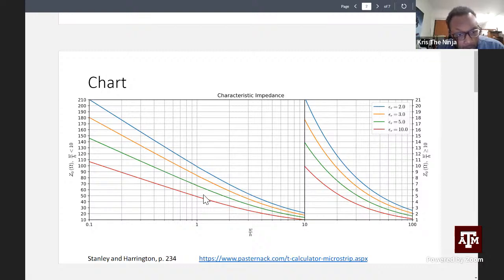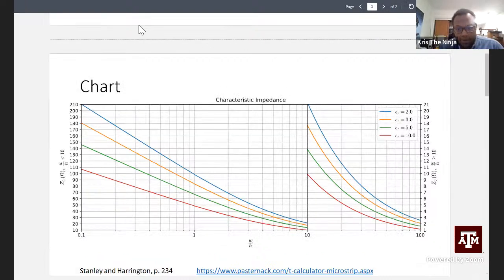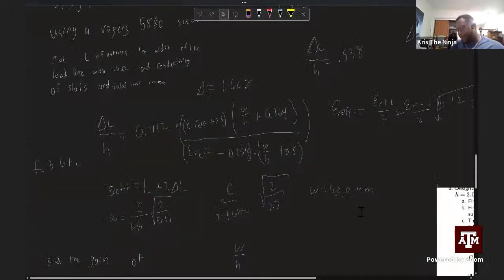So at 50 ohms, where it intersects this blue line is right about here. We know that with our epsilon R value, W over H is definitely greater than 1, no doubt about it.